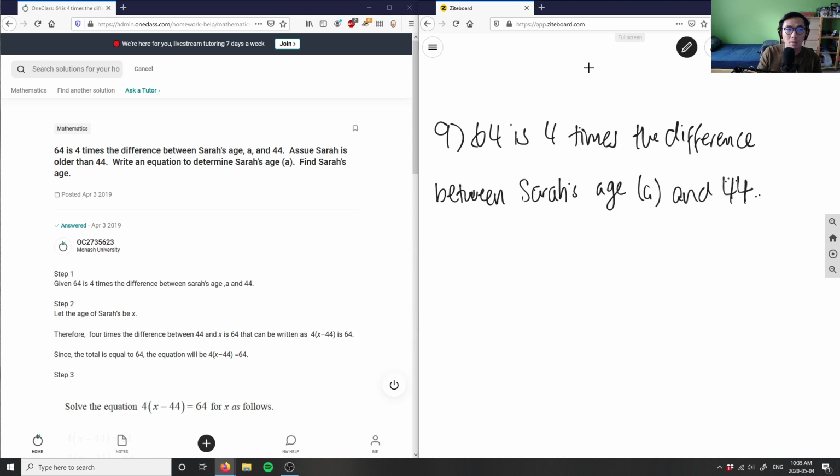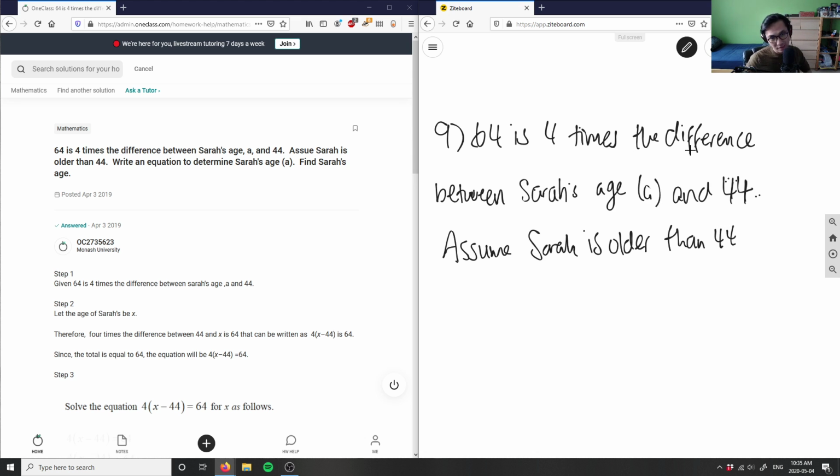Then assume Sarah is older than 44. So it says here, write an equation to determine Sarah's age and then find Sarah's age.